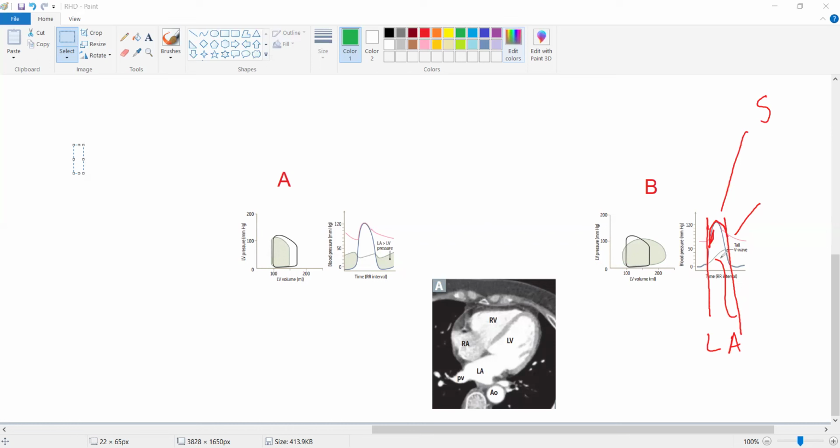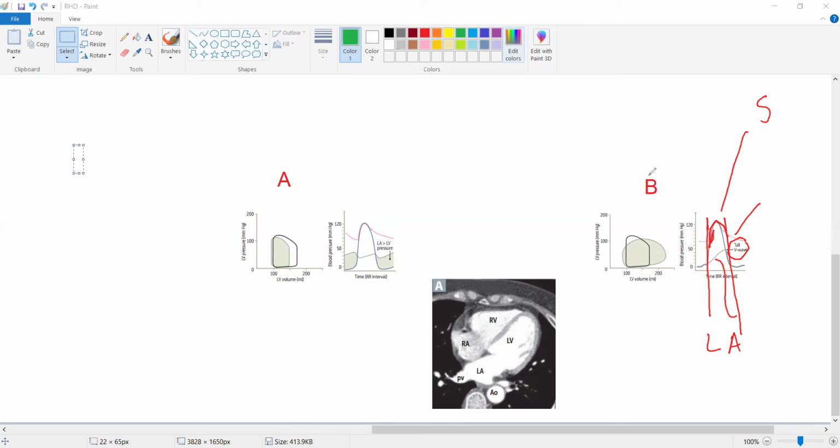There is a gradual increase in the left atrial pressure because of the regurgitant flow. When the left ventricle contracts, blood moves back into the left atrium, and this increased blood in the left atrium leads to this wave. This is a tall V wave, right? So this makes some sense for you.